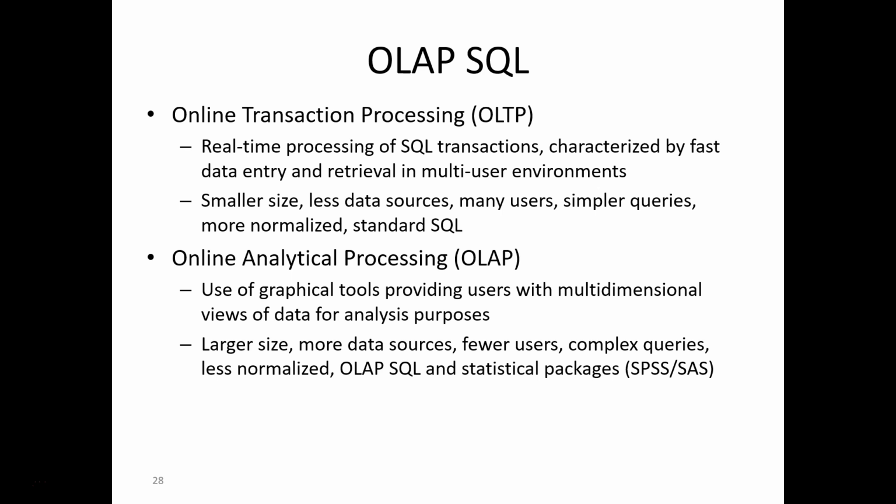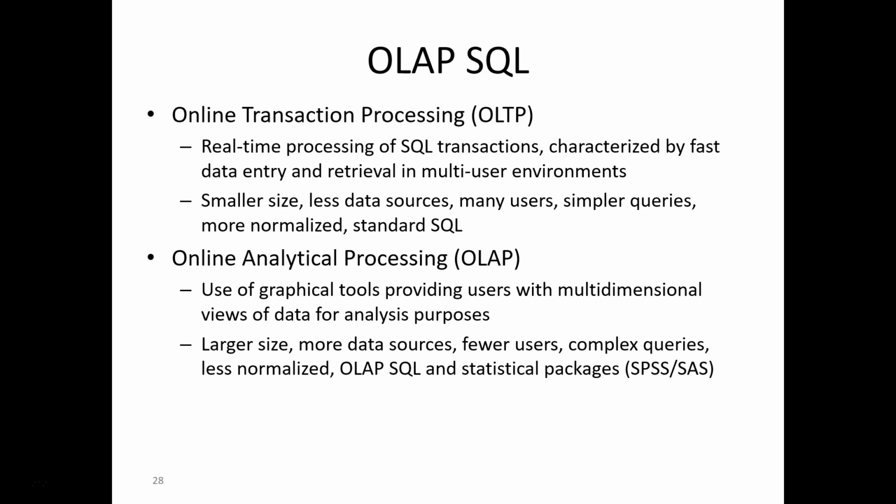However, in an online analytical processing environment, the objectives are a little different. The objective of an online analytical processing system is to provide users with flexible views of the data from many different perspectives to support all types of decision making.